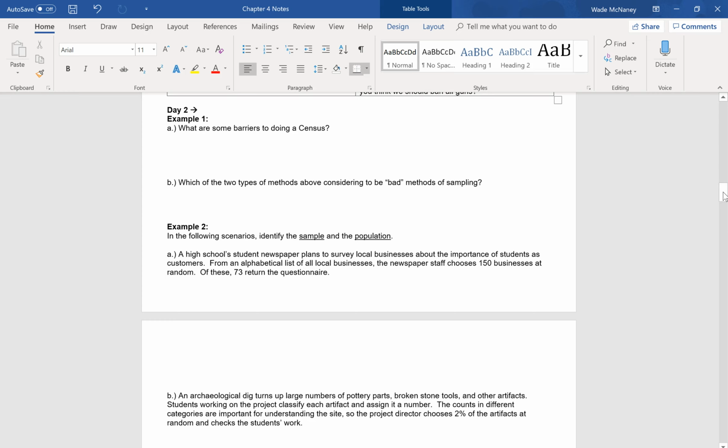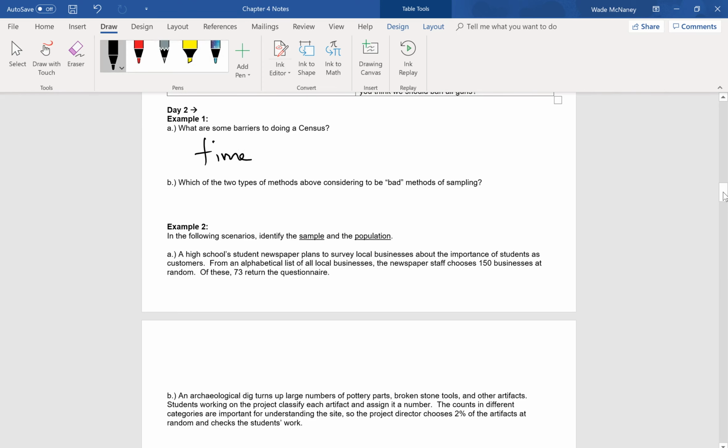There are going to be days where some kids are gone, some are on homebound, some are suspended, some are in ISS, and some just don't show up for first and second hour and only come for third and fourth hour. So it's going to take you a lot of time and money to get all that information. The barriers to doing a census are time and money.